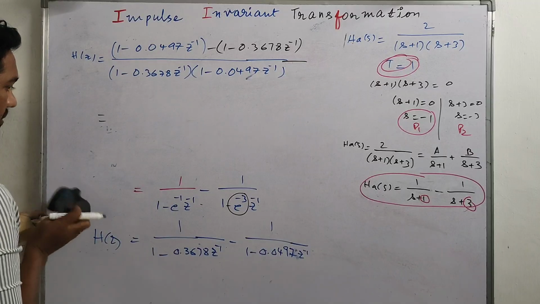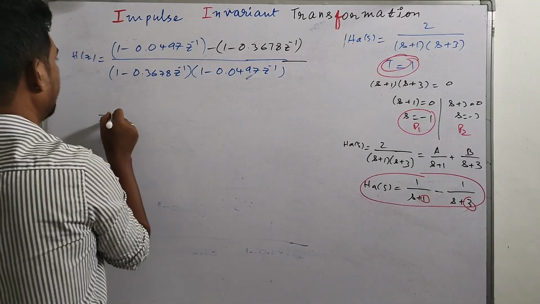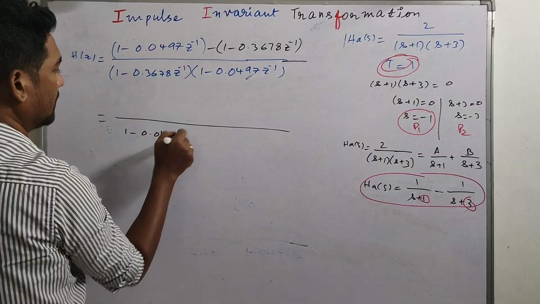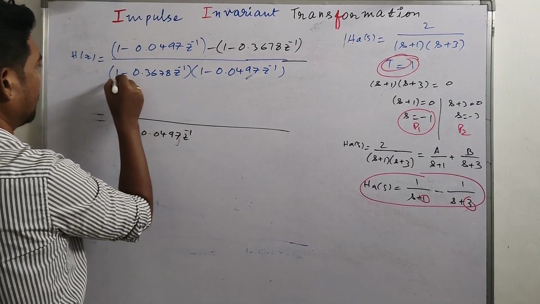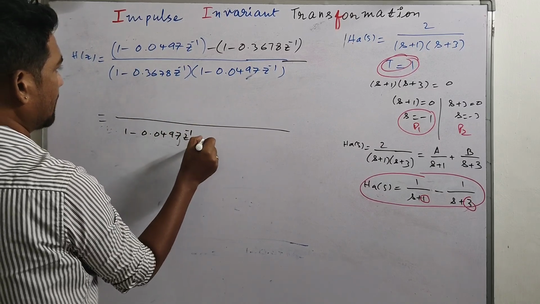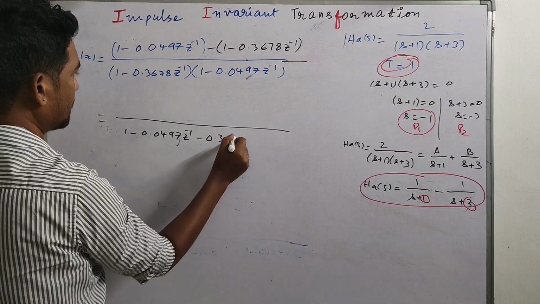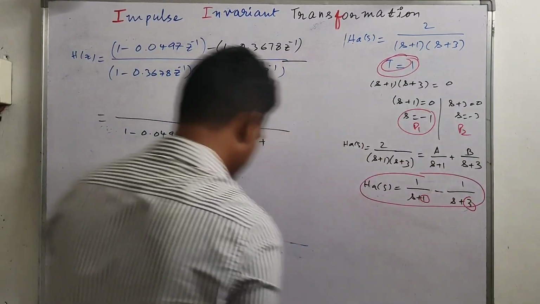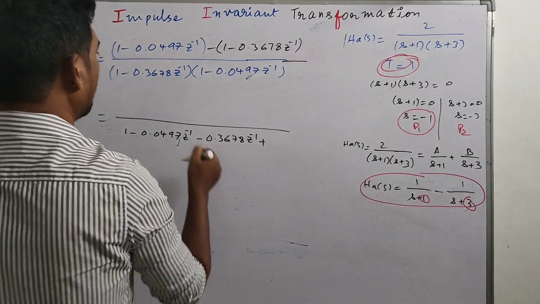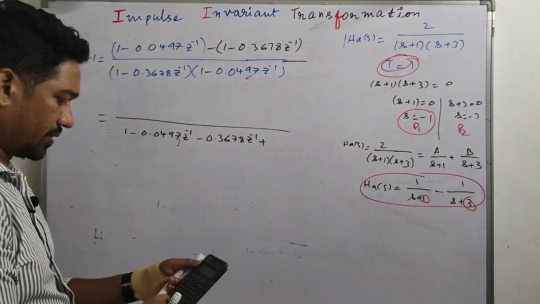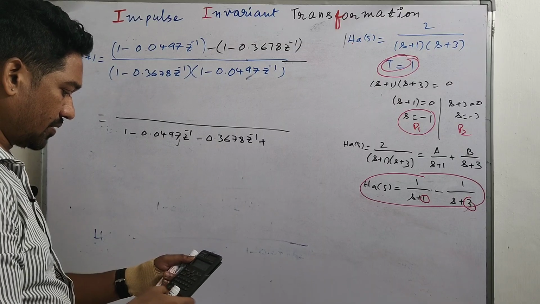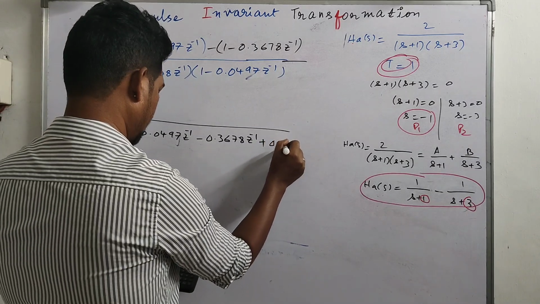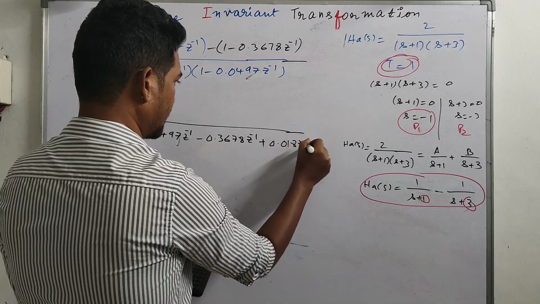Solving this, what do we have? We have 1 minus 0.0497 z raised to minus 1, and minus 0.3678 z raised to minus 1, and plus, what factor do we have? 0.3678 into 0.0497, which is 0.0182 z raised to minus 2.